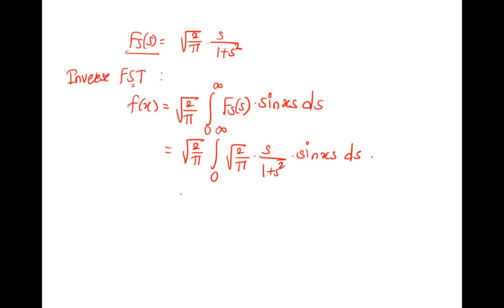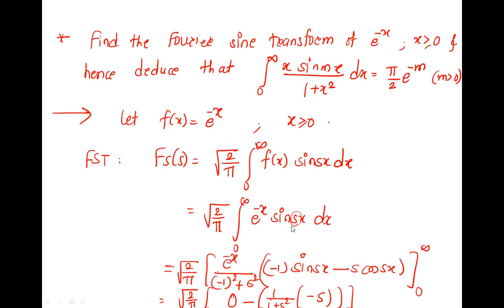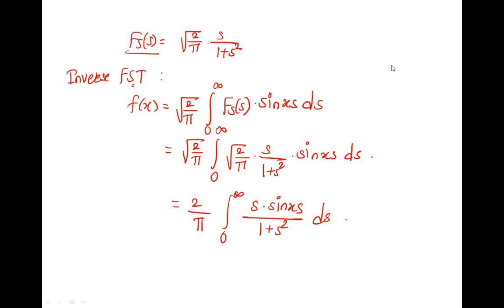These two get multiplied, root 2 by root pi by pi, and comes out: integration 0 to infinity, s sin xs upon 1 plus s square ds. Do we need to solve this? No, that is the evaluate part.